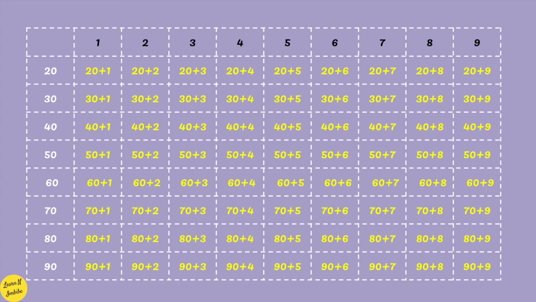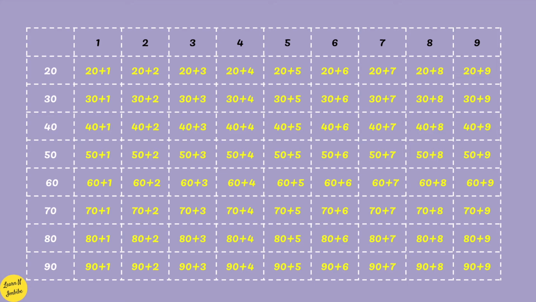As you can see in this table, the numbers 1 to 9 are indicated horizontally and 20, 30, 40 until 90 are indicated on the vertical side. If you combine the numbers, like 20 plus 1, 21, 20 plus 2, 22, until 29.